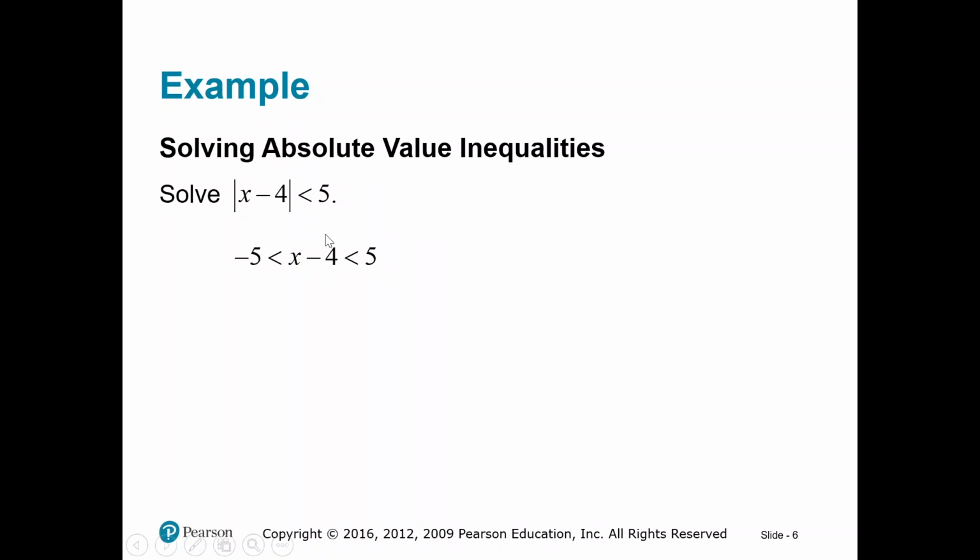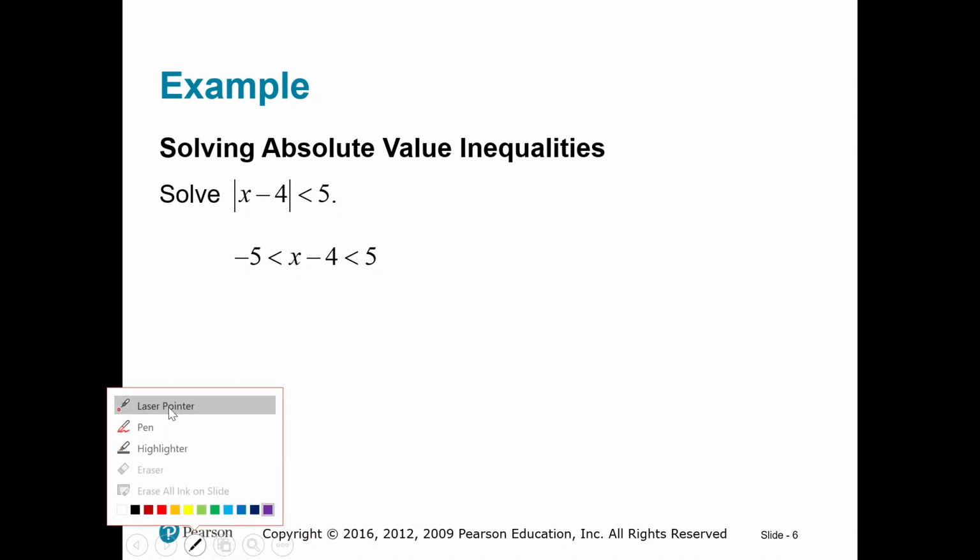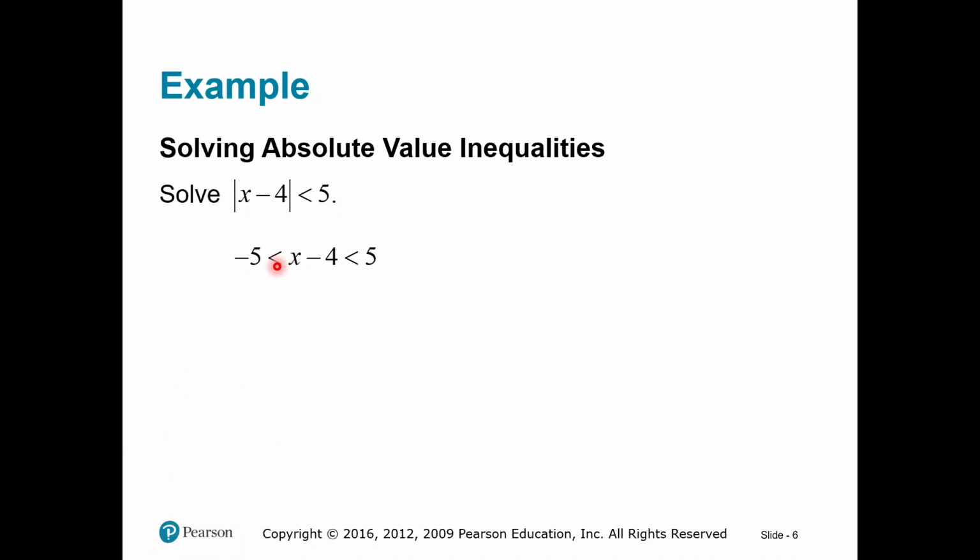But this time, we have to introduce another less than, and then the negative 5 on the left side. So negative 5 is less than 5. That is true.